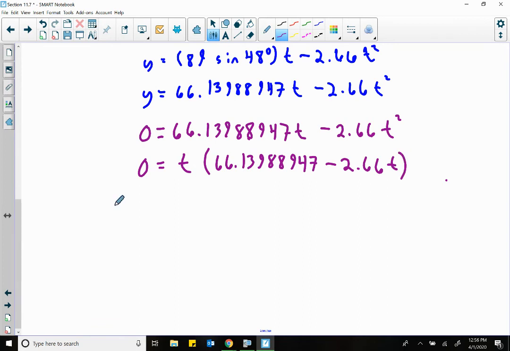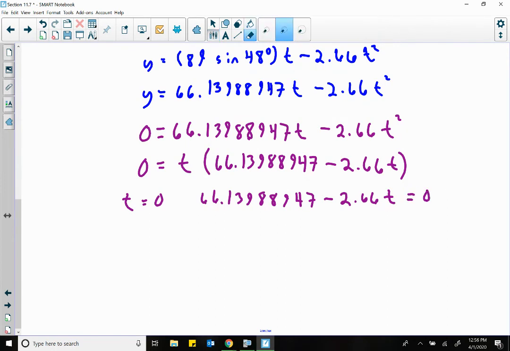And all we do is set these equal to 0. So t equals 0. There's one of our answers for t. And the other one will be 66.13988947 minus 2.66 t equal to 0.